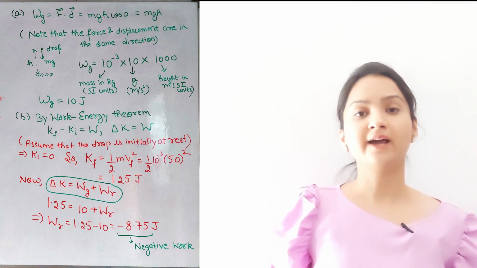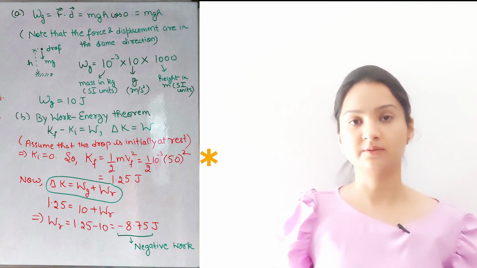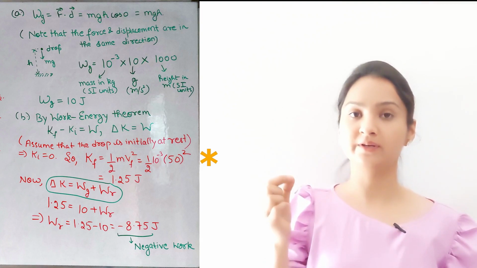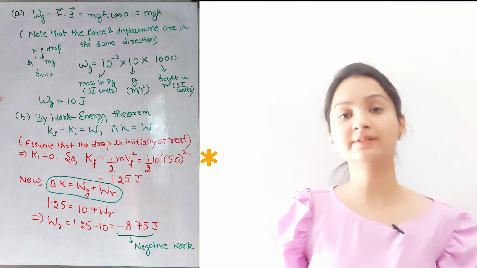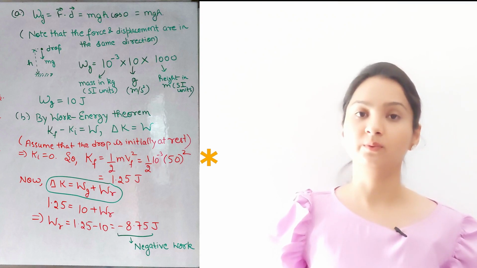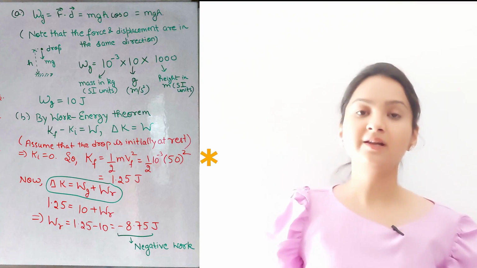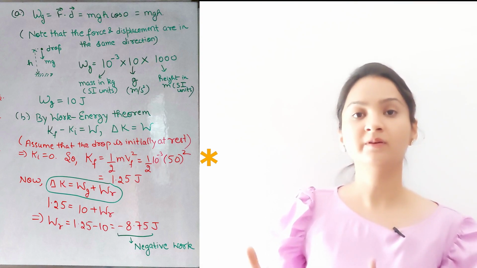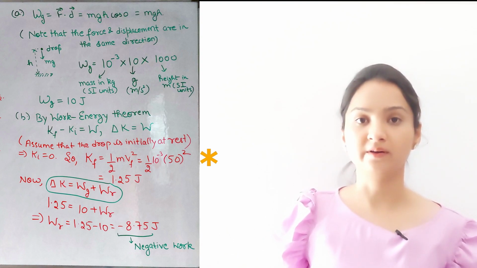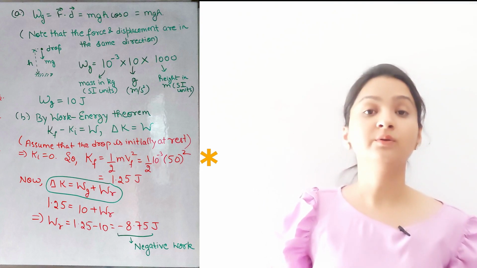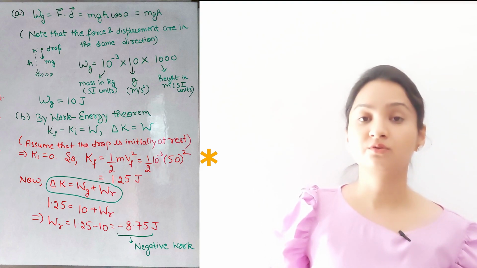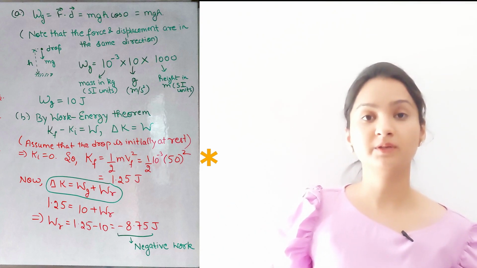So let us first calculate the change in kinetic energy. Initially, if you consider this raindrop to be at rest, the initial speed will be 0. That means that initial kinetic energy is also 0. So final kinetic energy will be half m final speed square. Mass is also known, and you know the magnitude of velocity with which this drop hits the ground, which is 50 meters per second.